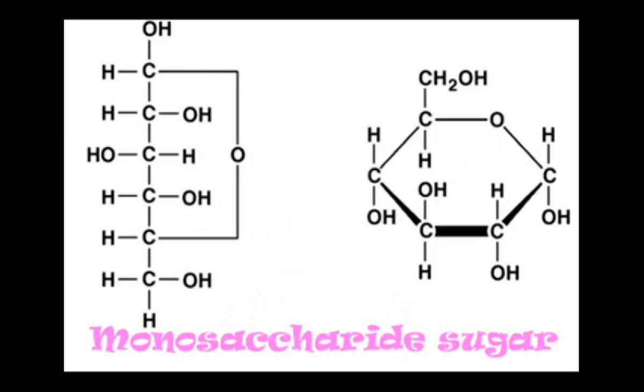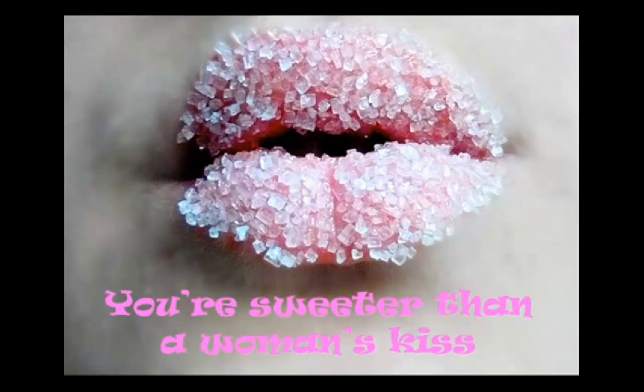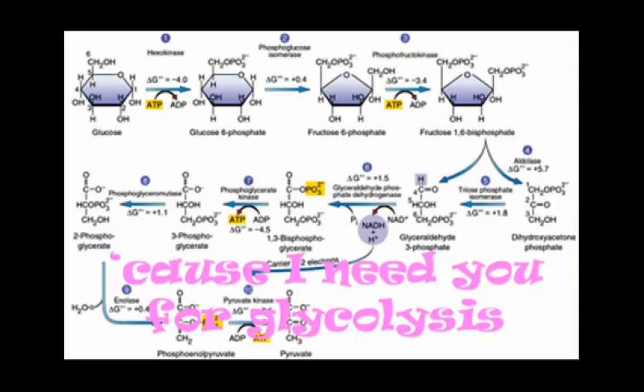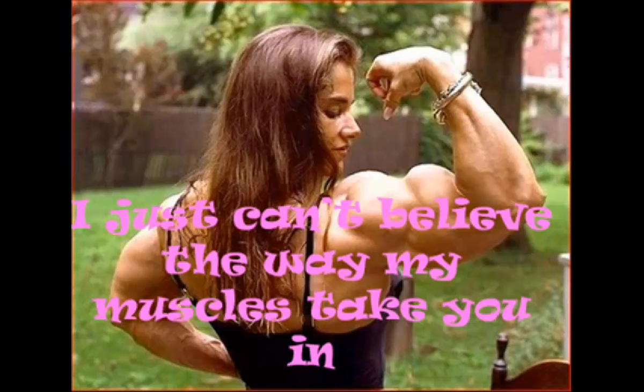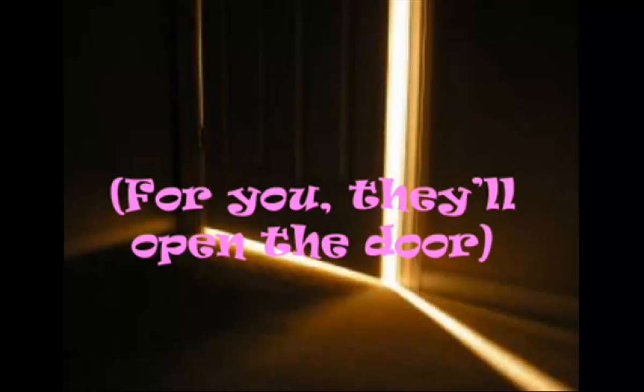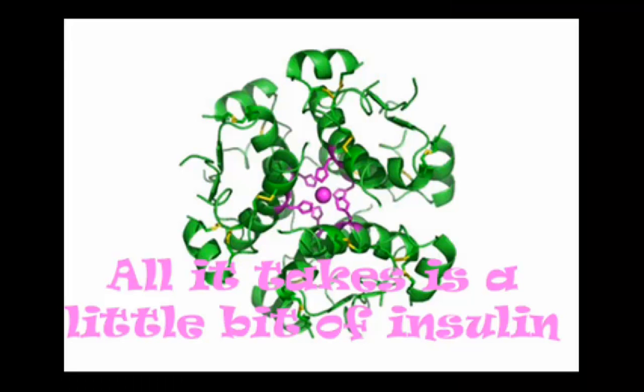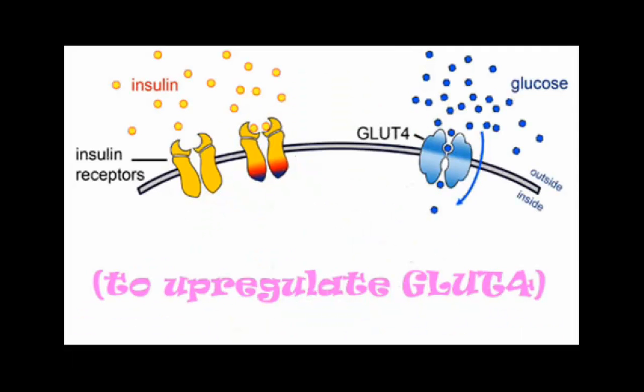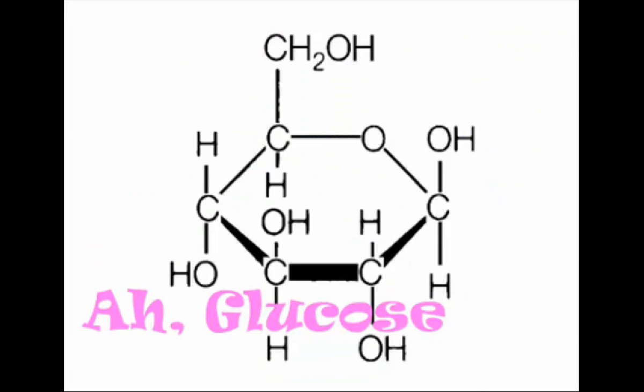Monosaccharide sugar. You're sweeter than a woman's kiss, 'cause I need you for glycolysis. I just can't believe the way my muscles take you in for you. All it takes is a little bit of influence. So GLUT4 is the glucose transporter.